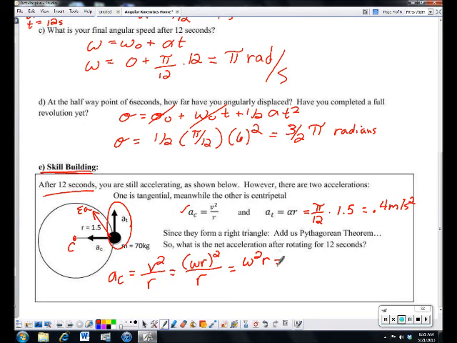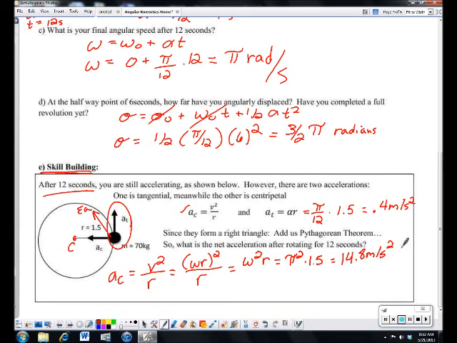I know my omega at 12 seconds was pi, so that's pi squared times 1.5. Let's see what that acceleration is. Pi squared times 1.5 gives me about 14.8 meters per second squared.